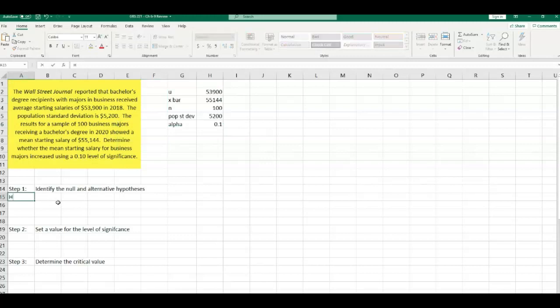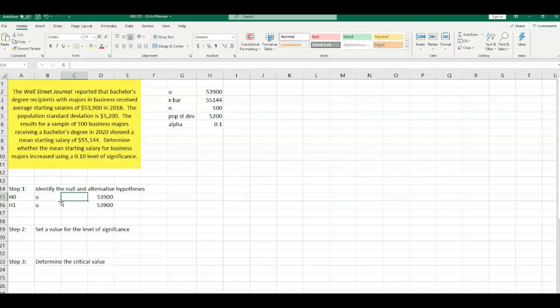Now, step 1 is figuring out our null and our alternative hypothesis. So we fill in the parts that we definitely know. We put our mean and the 53,900. We need to figure out the signs. So this is when we look at that last sentence of that paragraph above. And it says, determine whether the mean starting salary for business majors increased.